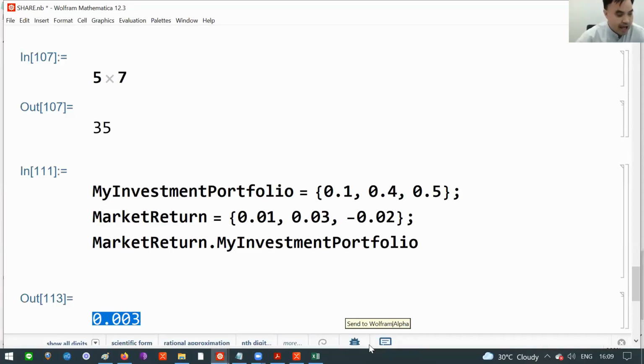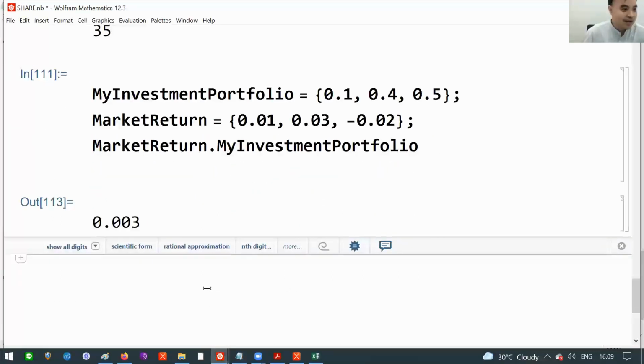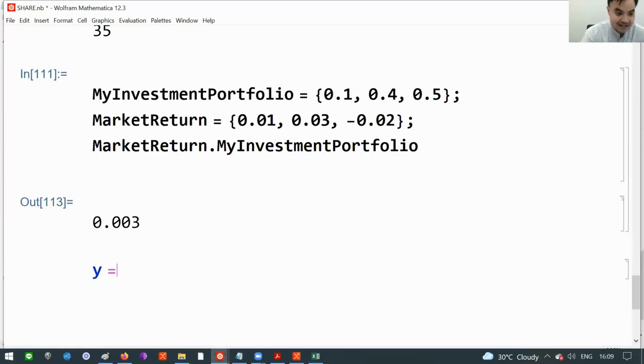Now, how would this work with us? How would we need to work with this? Well, obviously, you guys remember this, right? Linear regression. Y is equal to A0 plus A1 x1 plus A2 x2 plus A3 x3, right?